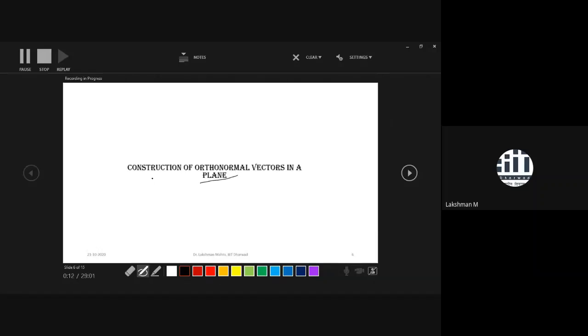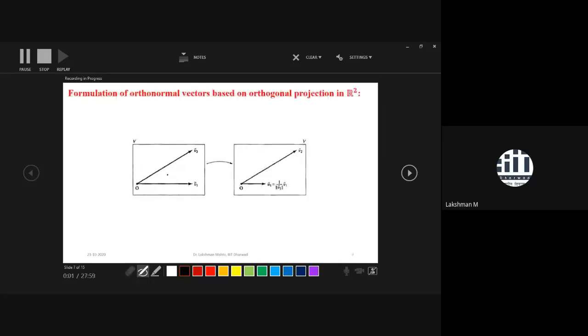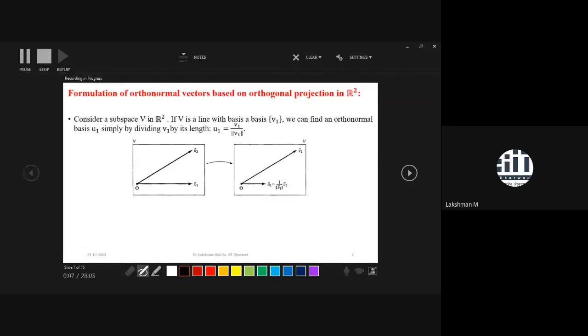Before the plane, I will talk about the construction of orthonormal vectors in a line. With respect to a line, that is a very trivial job, so that's why I haven't treated it. Consider a subspace V in R2. Suppose V is a proper subspace, then it would be a line. That means if V is a line, then the line has only one direction, and that would act as a basis.